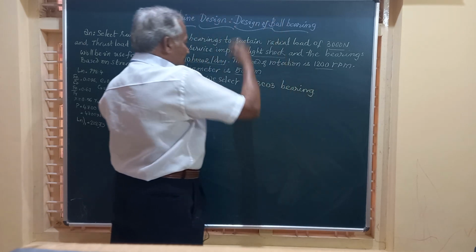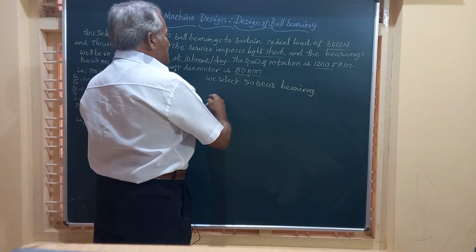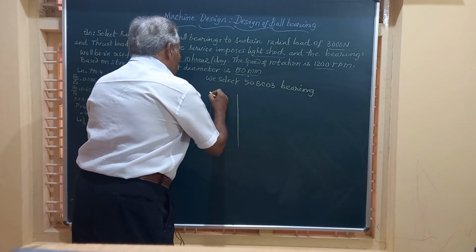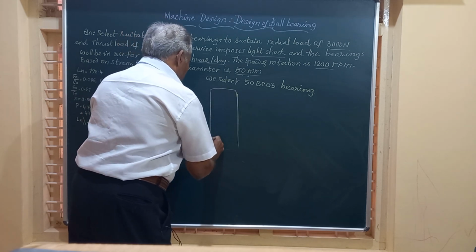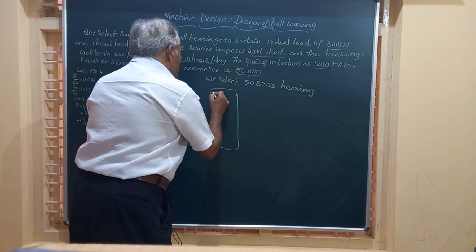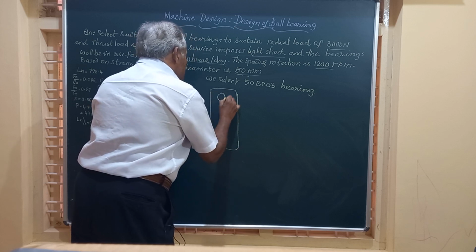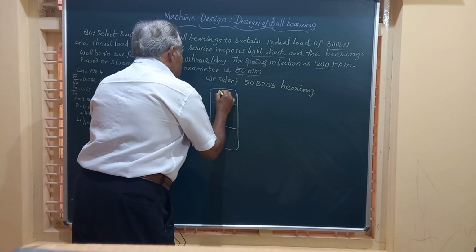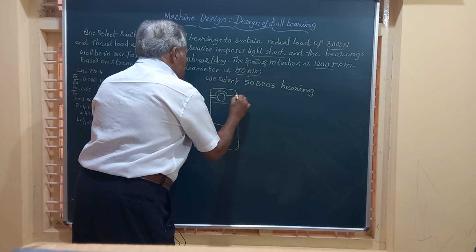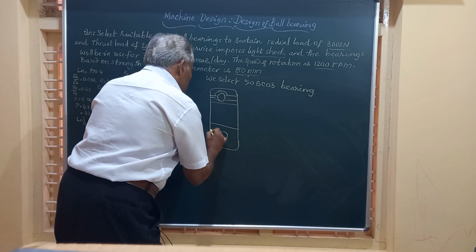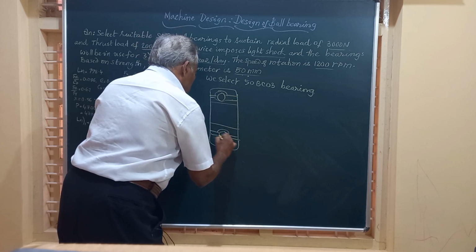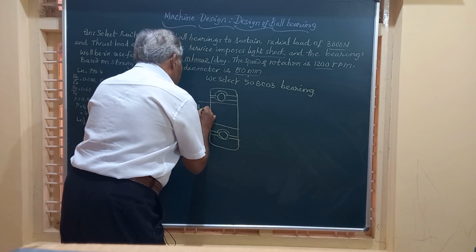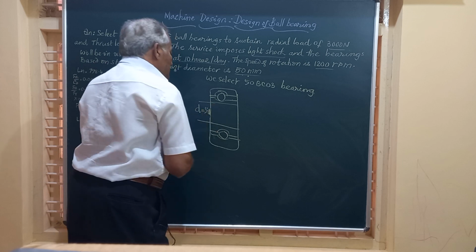And in the first and second columns, they will give you the values of the diameter, etc. So I will draw a simple sketch of a ball bearing. This is the shaft diameter they have given you, equal to 50 mm.